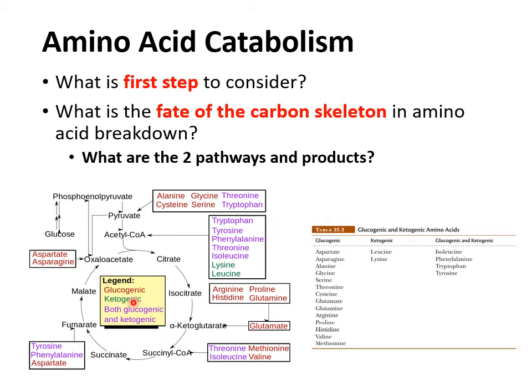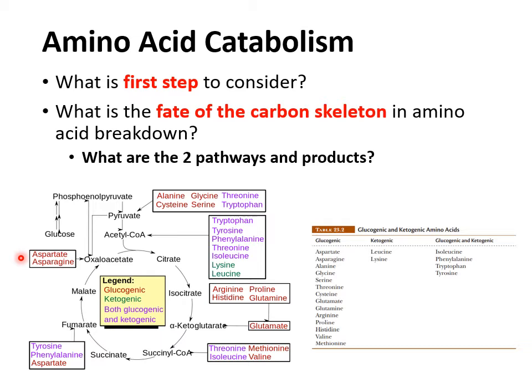And then with a ketogenic amino acid, what happens is it is broken down to acetyl-CoA or acetoacetyl-CoA. And that's important because that can ultimately lead to the formation of ketone bodies. And because we've seen acetyl-CoA is a major player in terms of heading into a lot of important cycles, also including the citric acid cycle that we mentioned a minute ago, with oxaloacetate being important there too.